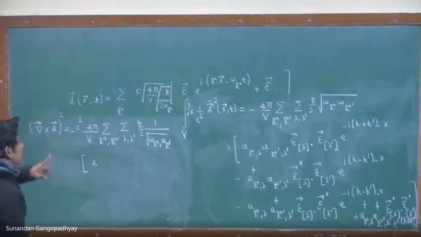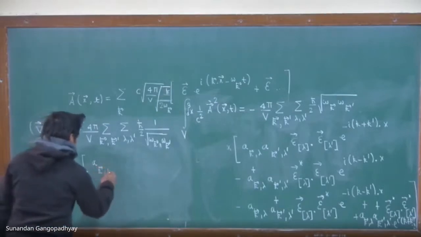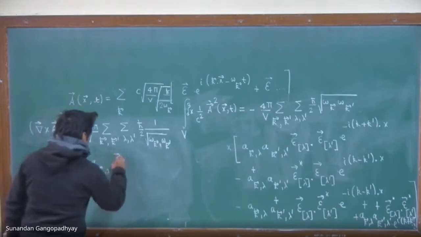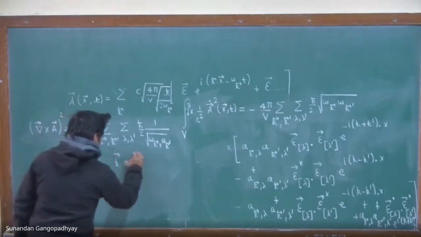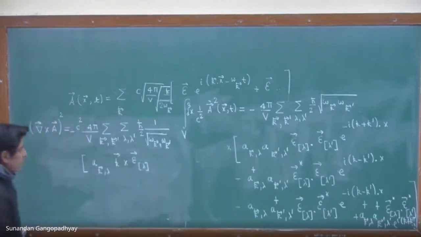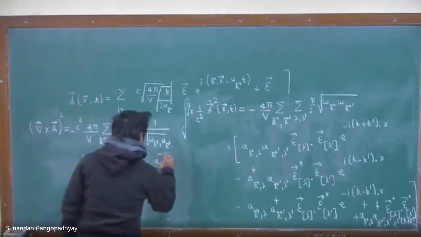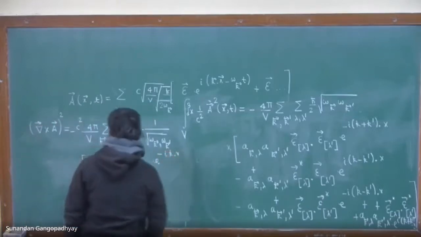When you square it, it will give you a minus sign. So it will give us i k a k lambda, k vector cross epsilon lambda, e to the power of minus i k dot x.